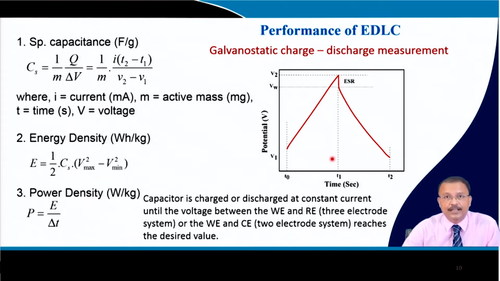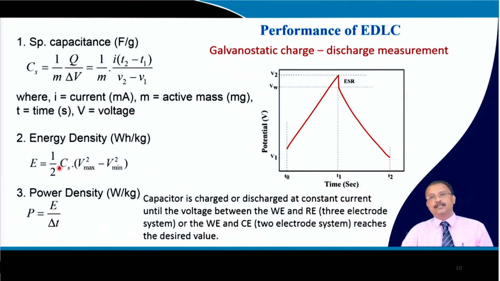So, within that range you can put this voltage value. So, you can get the energy density, and the power density, as I have already discussed in one of my earlier lectures, that is the energy density divided by the time that it takes. So, that will give you the power. So, power density also you can estimate.